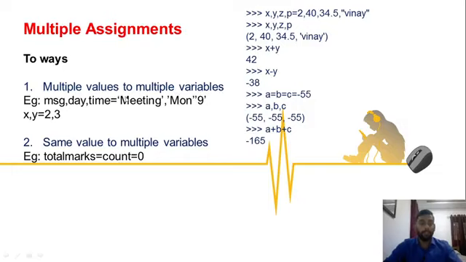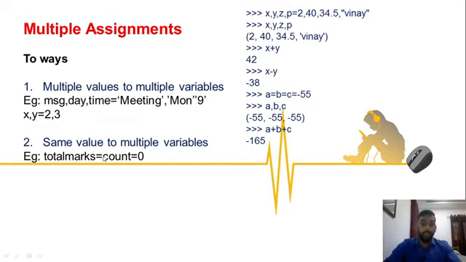Month is also a string type, so day is also a string variable. 9 is also a string type because it's in quotes, so time is also a string type. These are multiple variables assigned with multiple, different kinds of values.